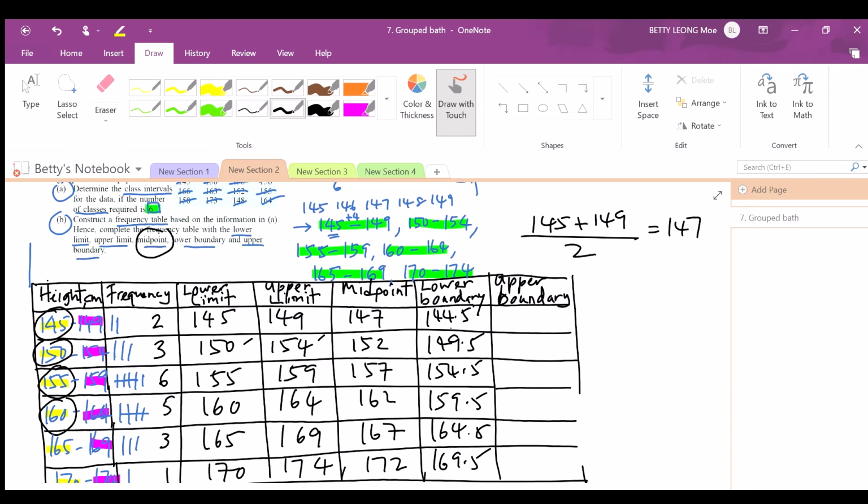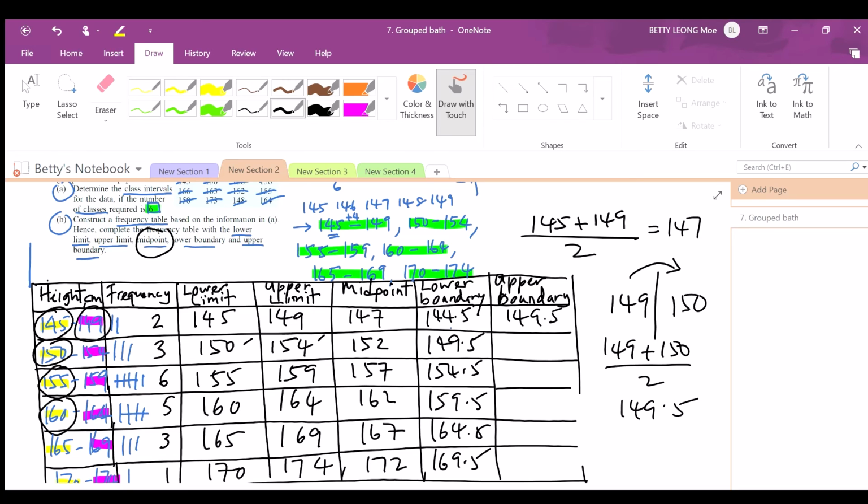Now you look at the upper boundary, 149. The next number will be 150. For upper you look to the right. And then 149 plus 150 divided by 2, you'll get 149.5. Upper boundary, look at the upper number.